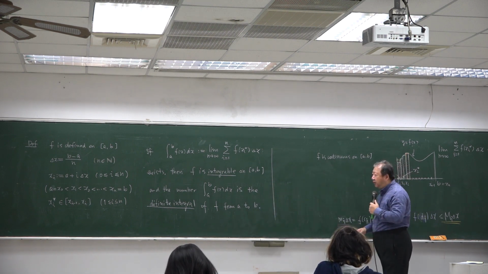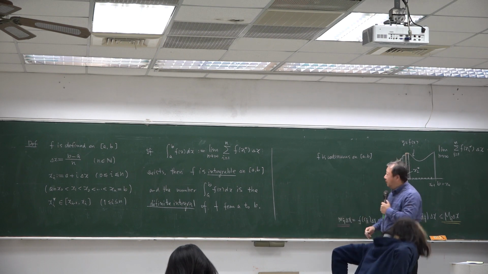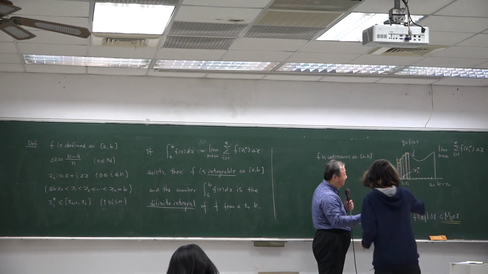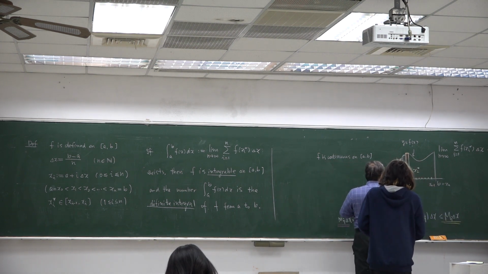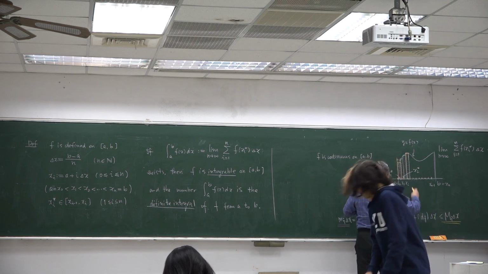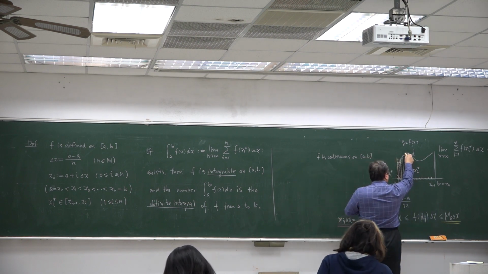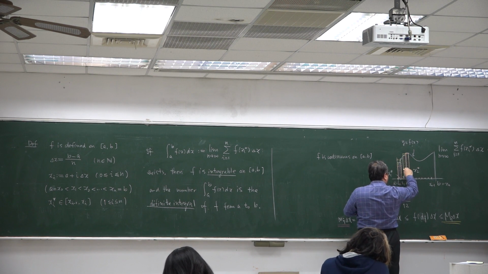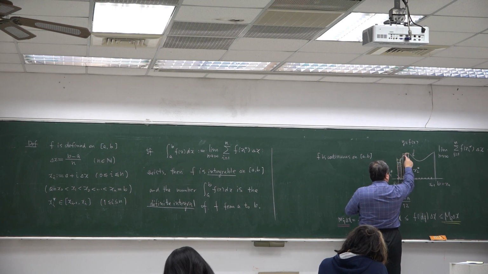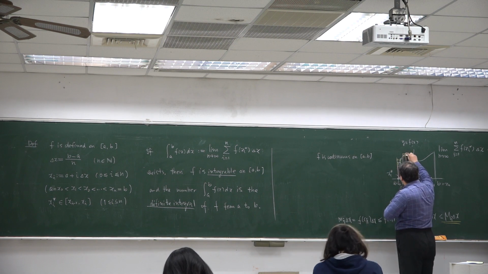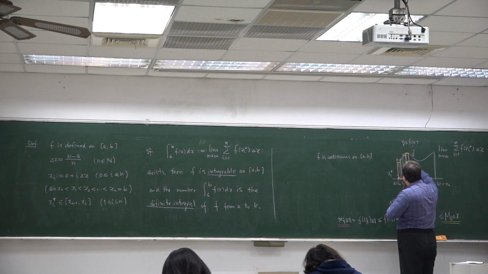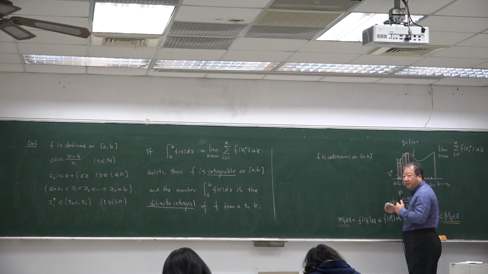Oh, yes, for this one, the maximum will be here and the minimum will be the lowest part here. And the middle term is the white area, this area, between the large one and the small one.